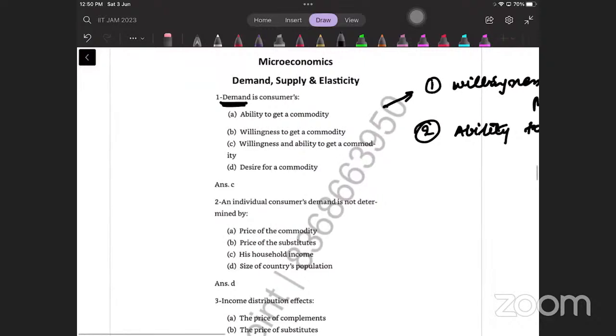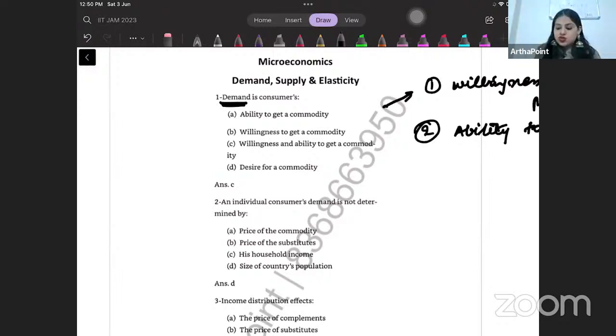So demand will be possible only when you have both willingness and ability to pay for something. So answer to this question will be C, willingness and ability to pay.